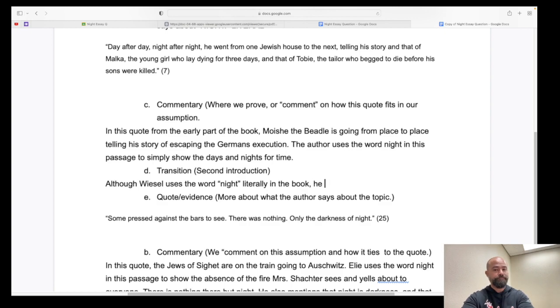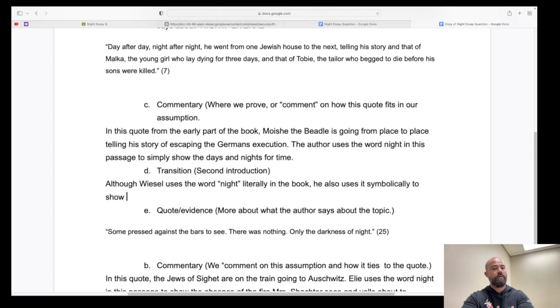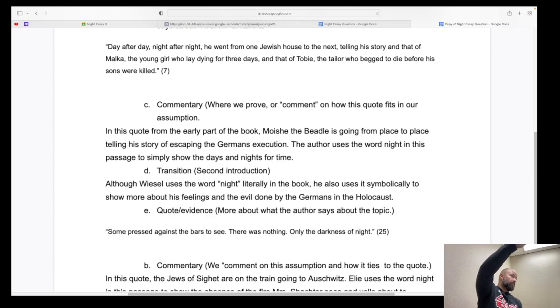He also uses it symbolically to show more about his feelings and the evil done by the Germans in the Holocaust. Boom. Okay, so I just went from literal. Now we know that there's symbolic stuff coming up.